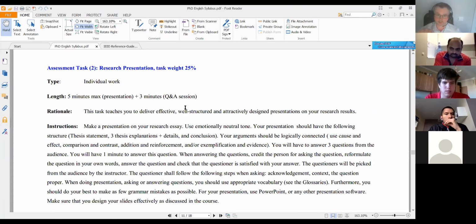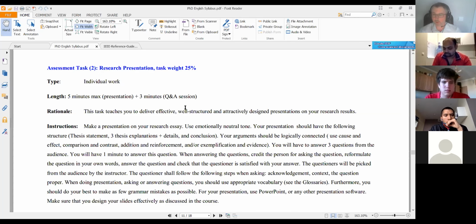You will have to explain your thesis in 3 ways, and for every explanation, you will have to provide at least one detail. Your presentation should also have a conclusion. So this is about the structure.